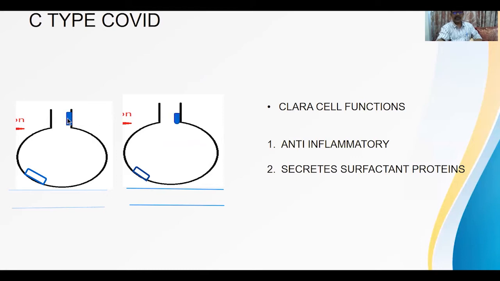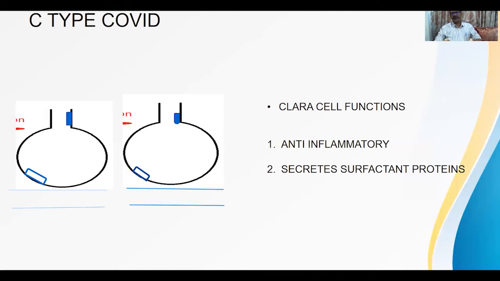This Clara cell is a quite normal, functioning cell. What are the functions of Clara cells? There are many functions, but for our interest, two functions are important. First function is its anti-inflammatory role. So this Clara cell tries to dampen the unnecessary inflammatory reaction. If Clara cell is dysfunctional, then the inflammatory markers go up.